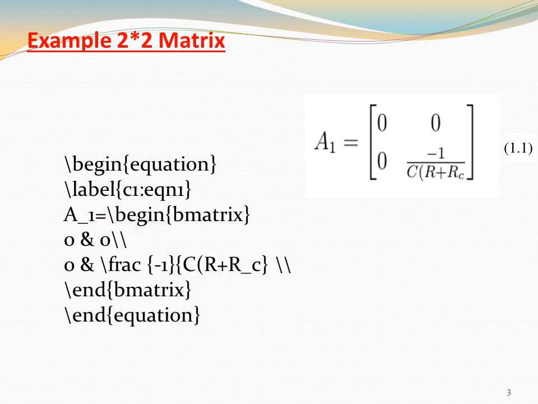So \begin{bmatrix}. Now the first row values are 0 and 0. So 0, separated with the ampersand symbol, 0, and end with two backslashes. Then the second row values are 0, separated with the ampersand symbol, then \frac, minus 1 in the numerator, and the denominator is c times r plus r underscore c.